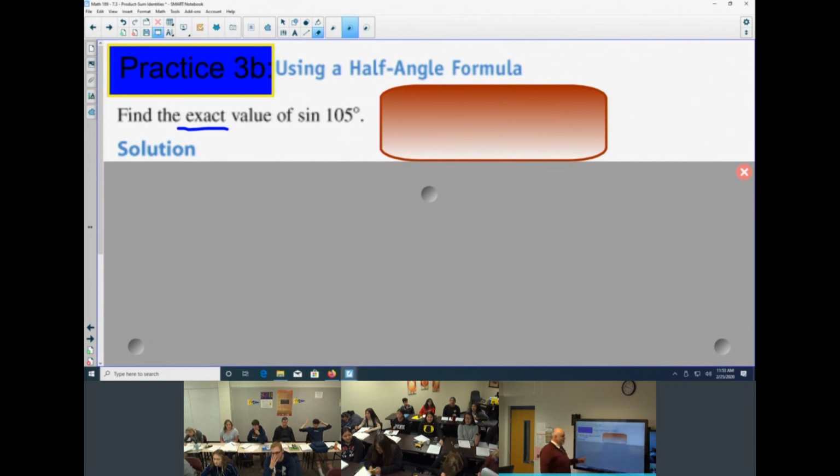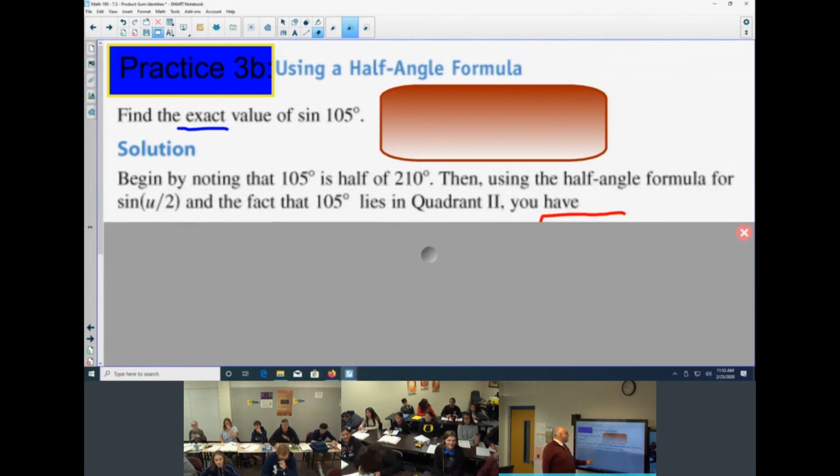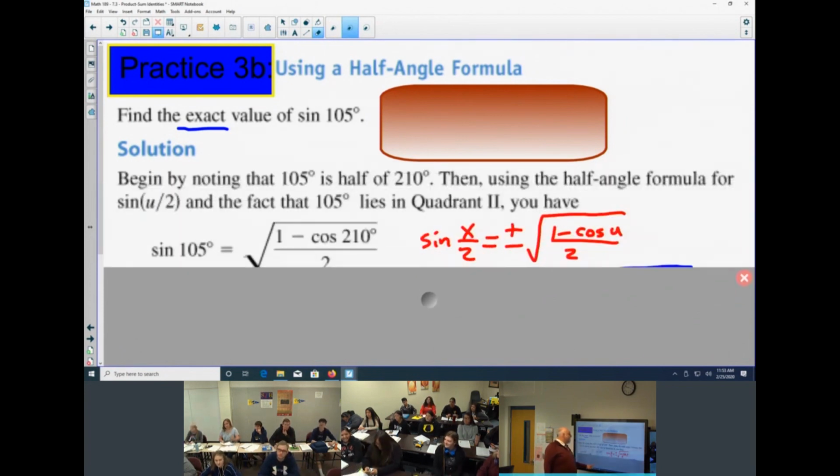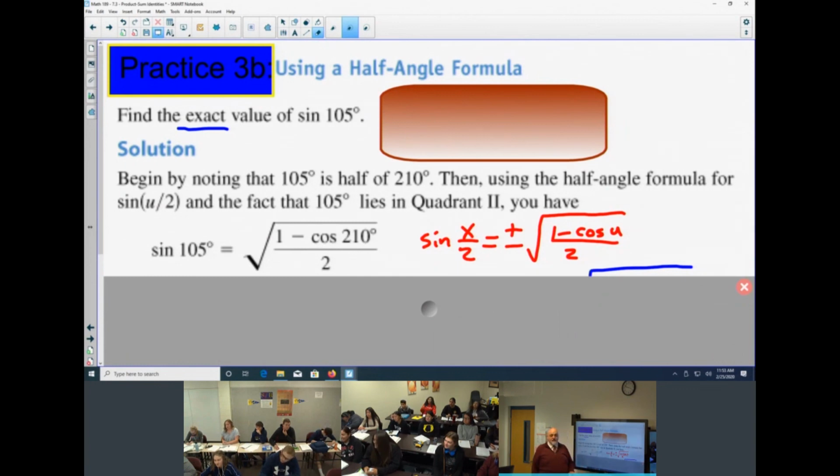So let's just go ahead and work it. So 105 is half of what angle? 210. And see, 210 is on the unit circle. Okay? So you can look the exact value up for that.